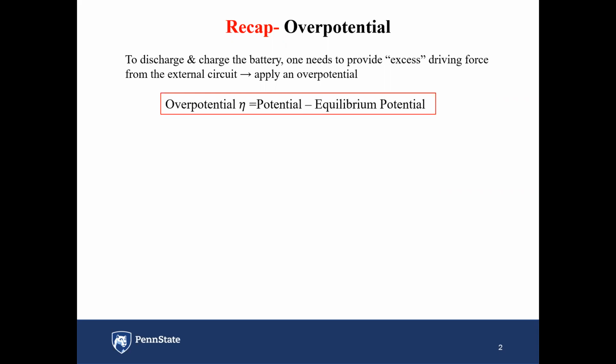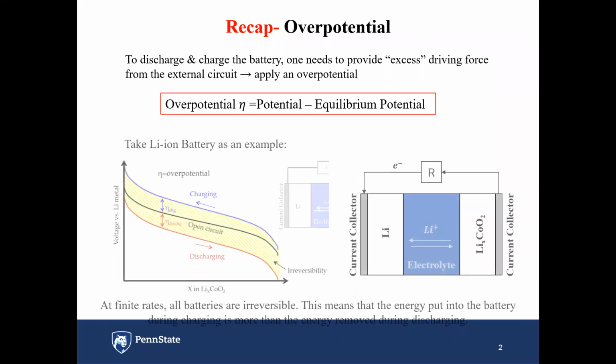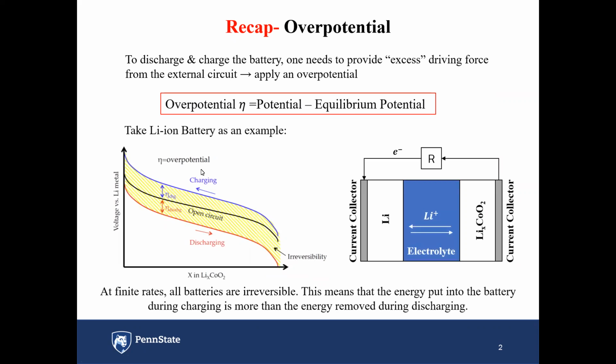To understand that better, you can also think of it as the excess driving force from the external circuit that we should apply to the electrochemical cell. For example, in a lithium-ion battery, the black line, the open circuit curve, shows the equilibrium potential.